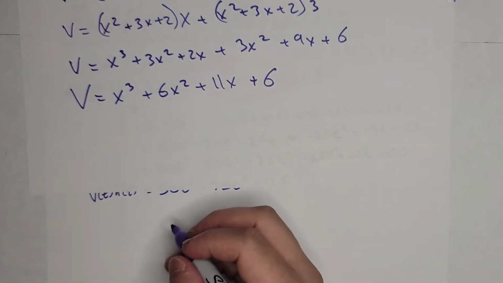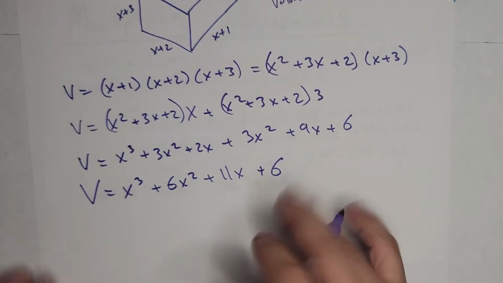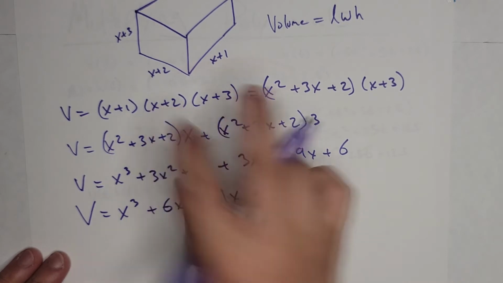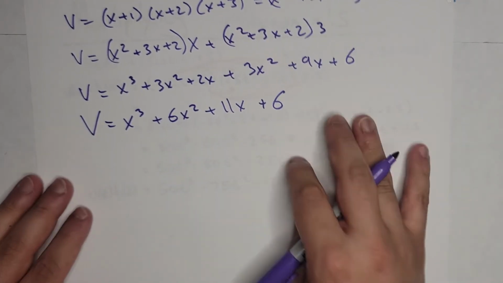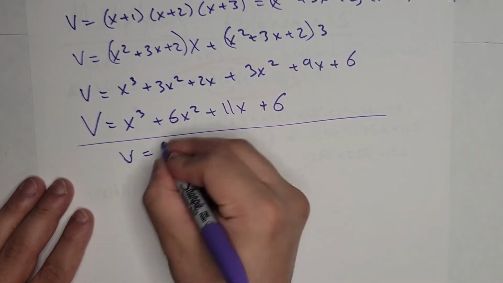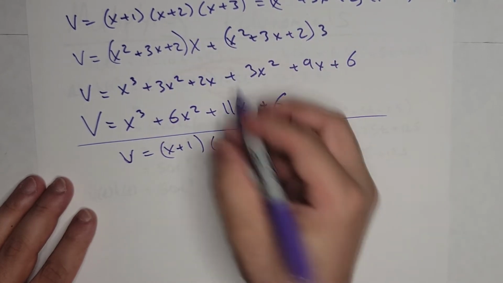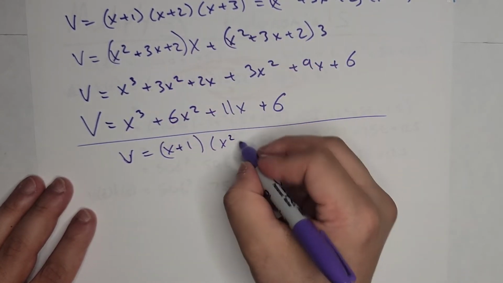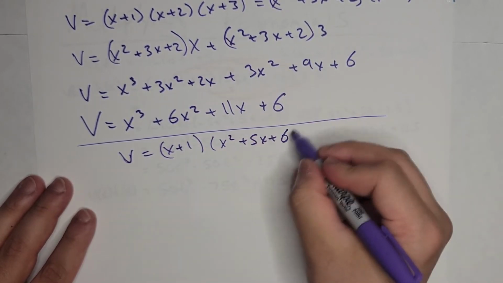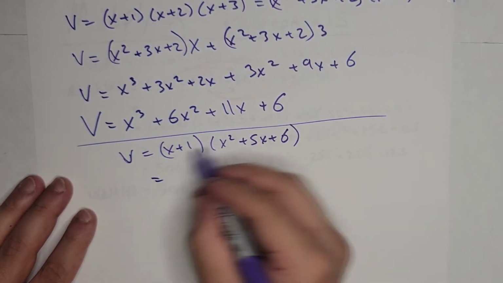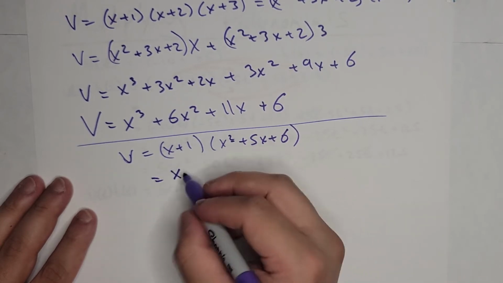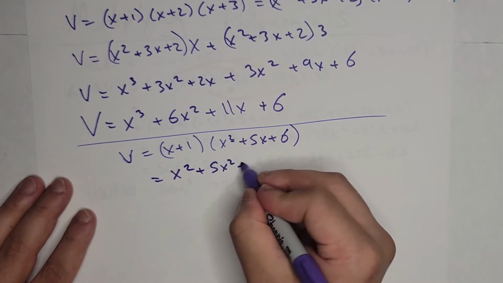If we wanted to do this the other way, let's say I wanted to multiply those two instead from the start. I could do v equals x plus 1 times, let's multiply those two, x squared plus 2x plus 3x, that would be 5x, plus 2 times 3 is 6. If I was to multiply that, let's multiply the x, x cubed plus 5x squared plus 6x.